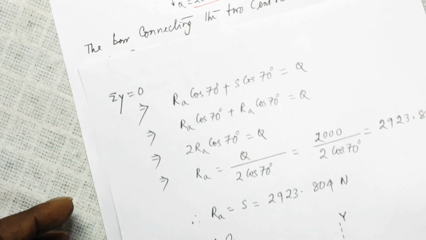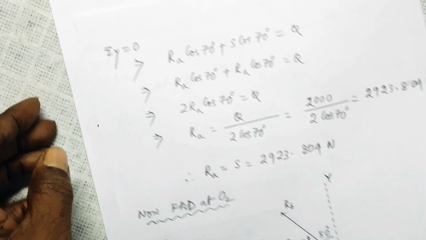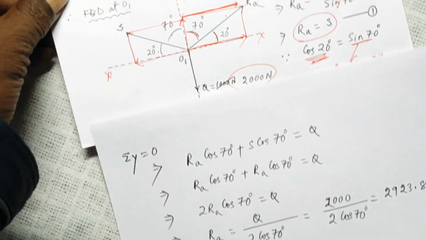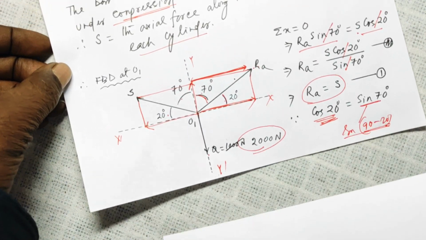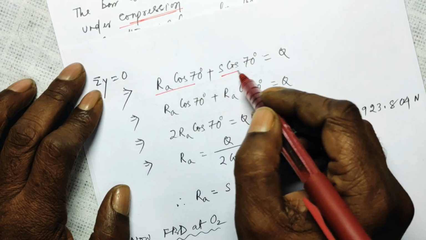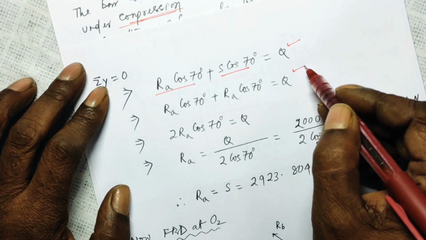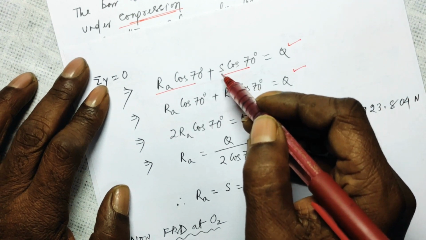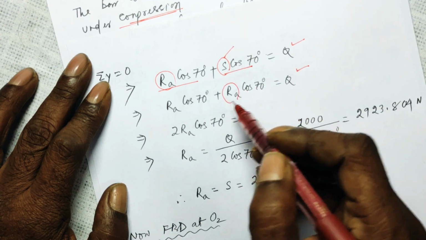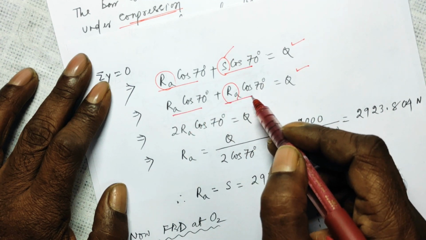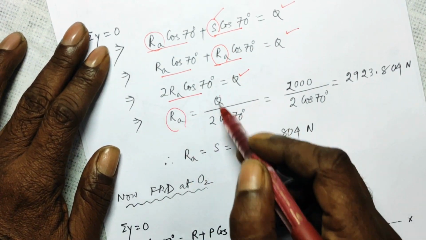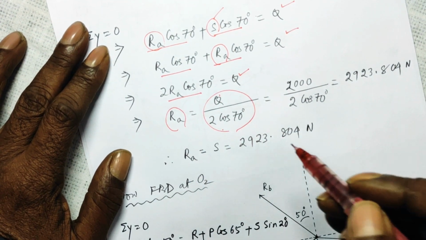So sigma y is equal to 0. RA cos 70 plus S cos 70 is Q. Value of Q is known. And since we just proved RA is equal to S, for S I substitute RA. RA cos 70, RA cos 70. 2 times RA cos 70 is equal to Q. So RA is equal to Q over 2 cos 70.